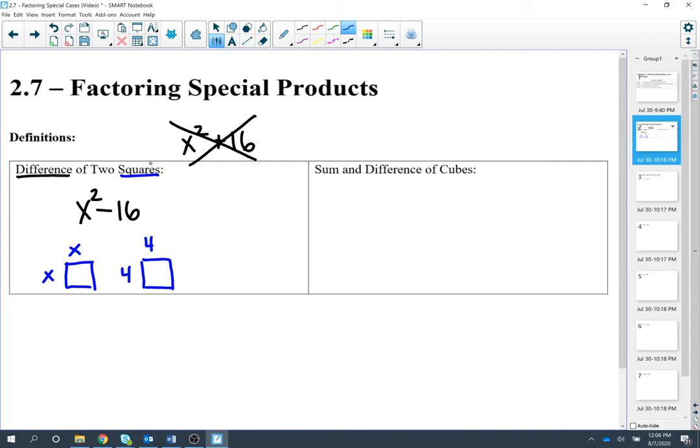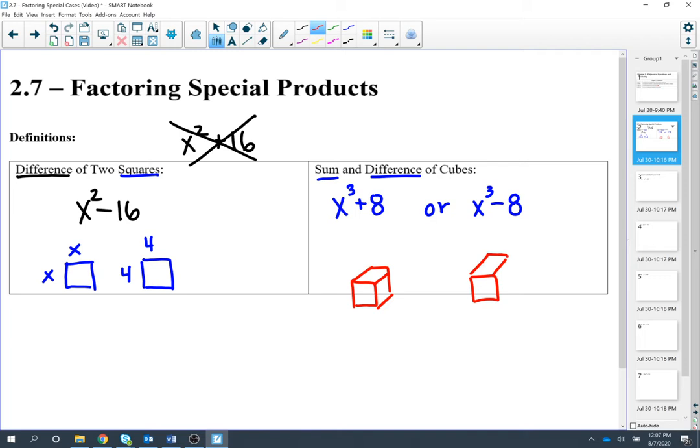The second one we're going to do is the sum and difference of cubes. And on this one, we would be looking at something like x cubed plus 8 or x cubed minus 8. And on this one, we do get to do both plus and minus. It's going to work either way. Now, the reason we say cubes, and again, I want you to think about a cube here for a minute, which is a three-dimensional square.